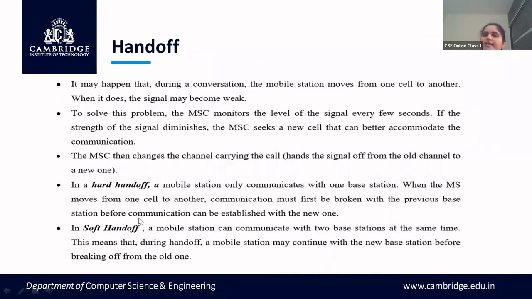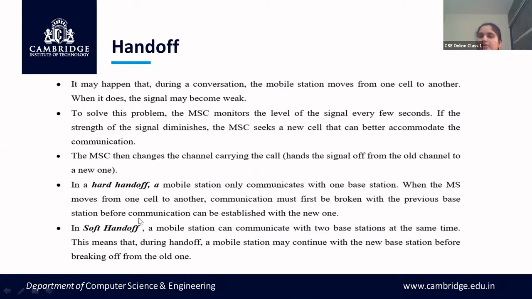I'll repeat: hard handoff is one where, once your mobile station is out of that particular range, it will hand off the signal to the next cell of the next base station without worrying about the signal intensity. This is called hard handoff. Soft handoff is a phenomenon where your mobile station is connected to two base stations, one from the previous cell and one from the next cell.